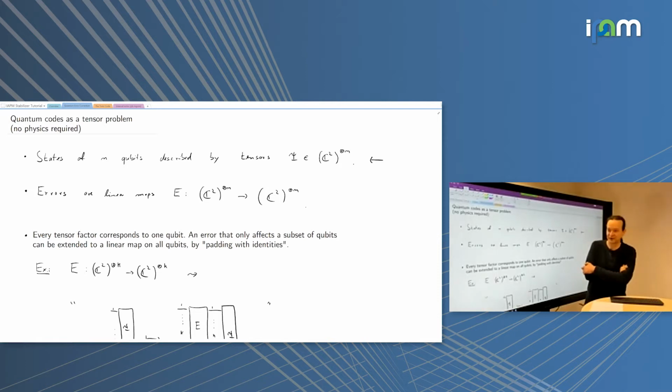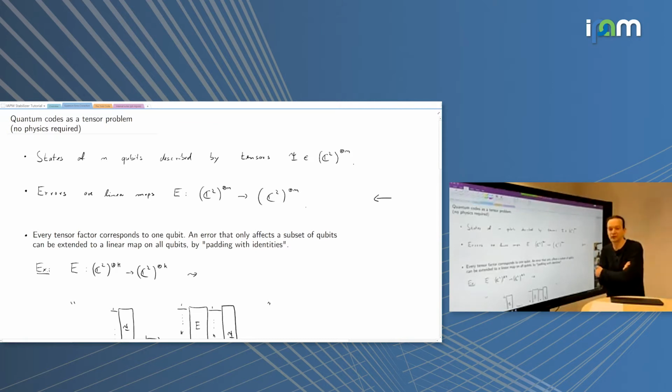If you already learned it from Thomas, then thank you, Thomas, that's great. But I will not actually define which way such a tensor defines a state or what a state even is. For now, it's just a formal construction that is going to be analogous to the classical coding problem. Right, now we know what is the generalization of a bit string, namely a tensor. Very good. So now we need to understand what is the generalization of an error operator.